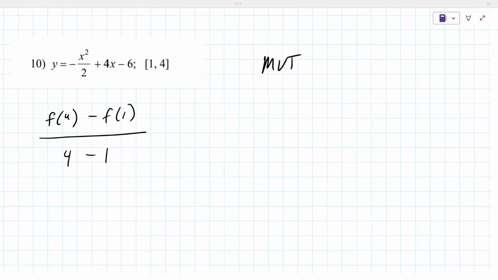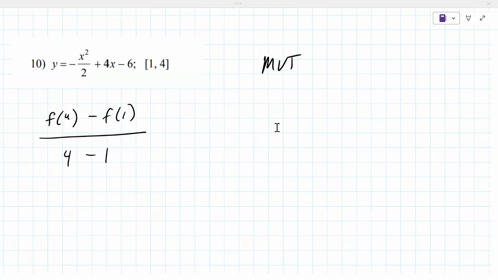How are you doing on this one? Pretty good. I just did the equation and I'm on finding the derivative and setting it equal to, using the equation, I'm setting the derivative equal to 3 halves. Okay, that sounds right. And then for my derivative, I got negative x plus 4.